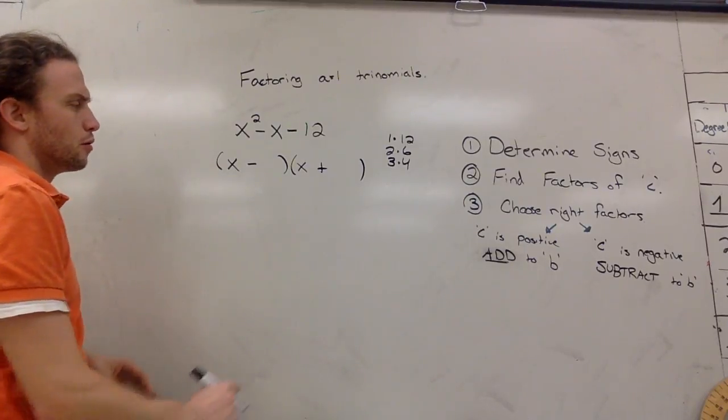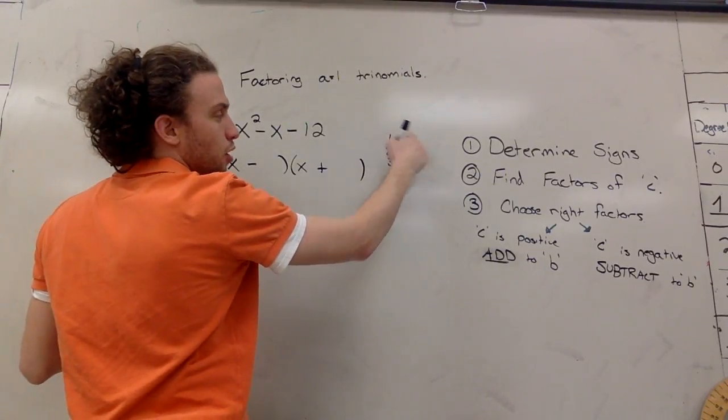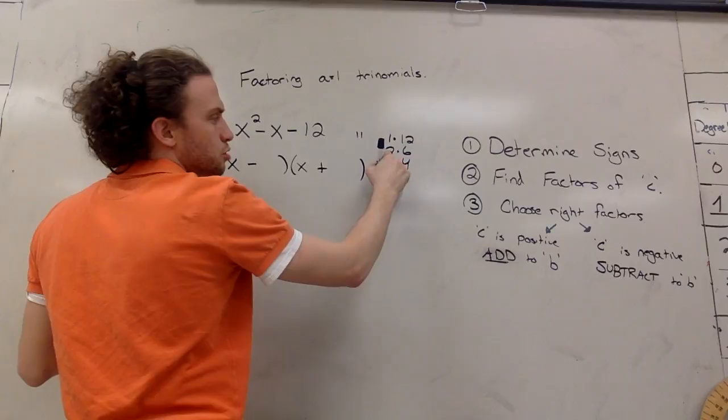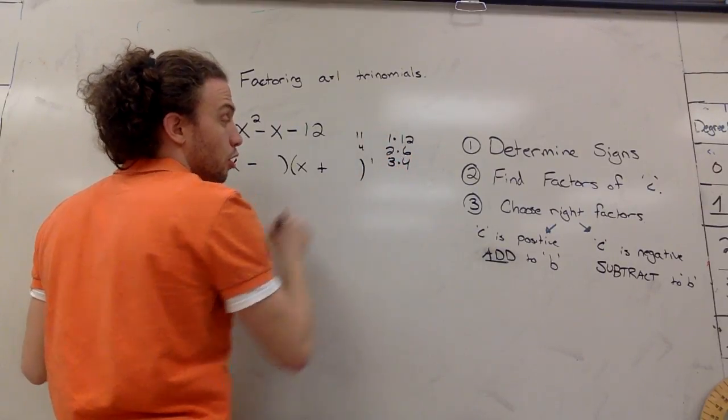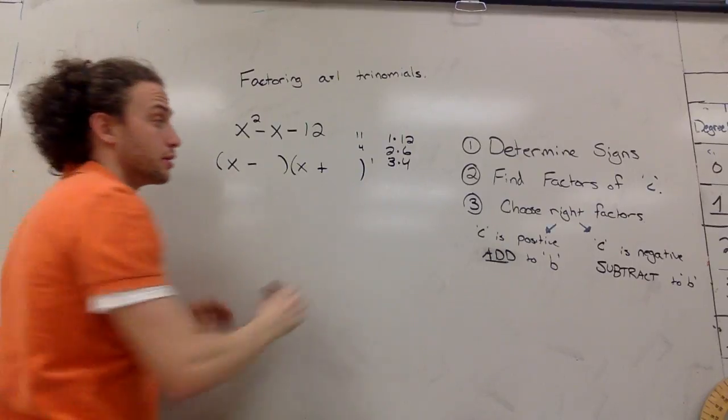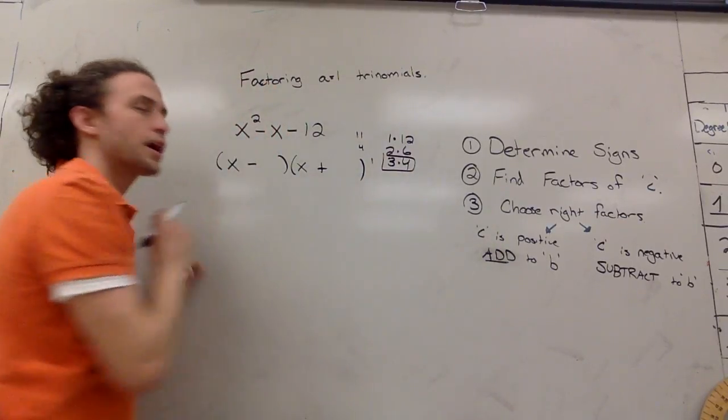Well, 12 minus 1 is 11. 6 minus 2 is 4. And 4 minus 3 is 1. So we got the 1 we needed. But this is a -1.